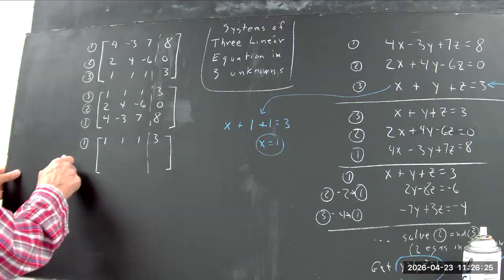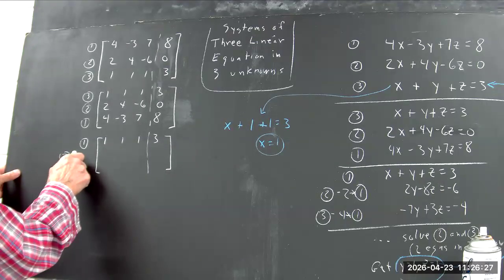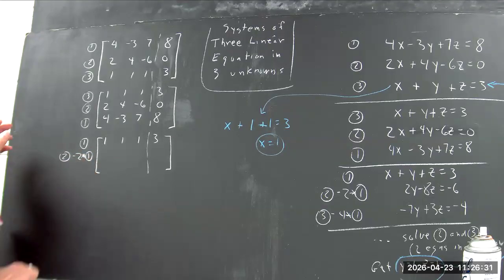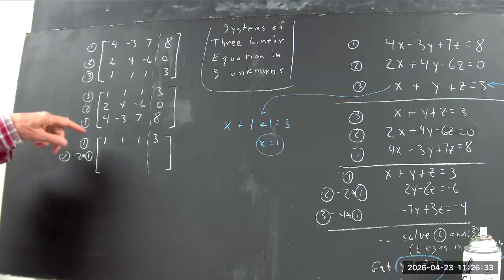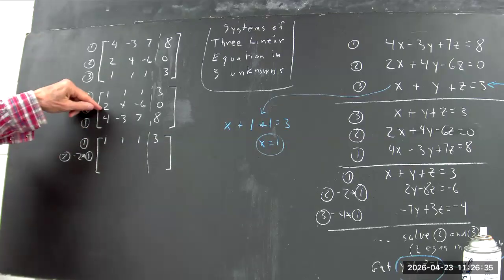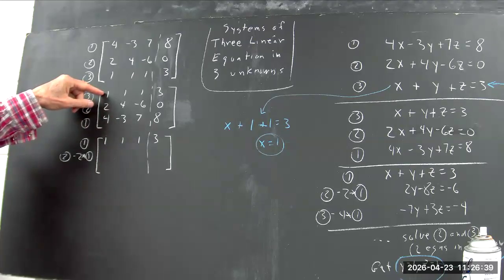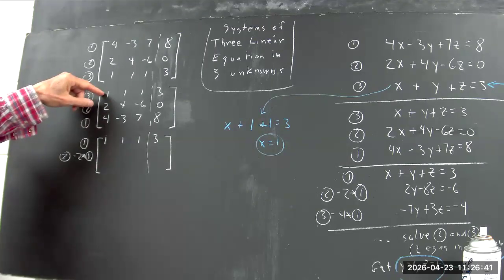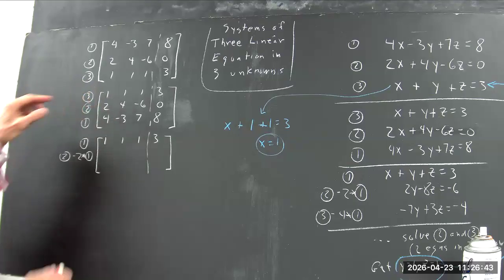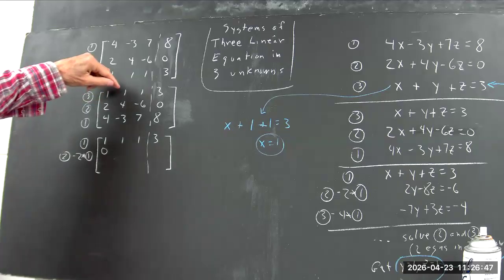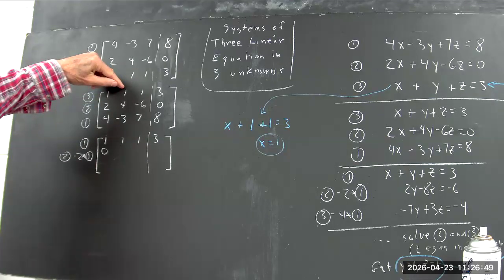Then we're going to do row 2 minus 2 times row 1. So row 2 starts with a 2. In row 1 of the previous matrix, we have a 1. So minus 2 times 1 is -2. We add 2, we get 0. And then you do minus 2 times the 1 in the second column, which gives us -2.